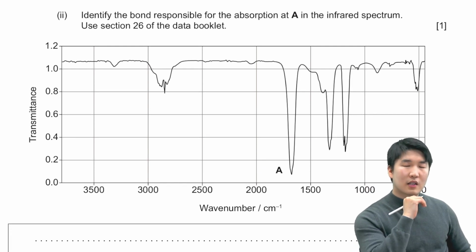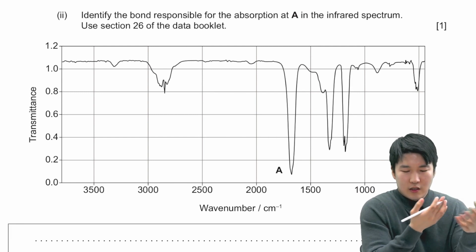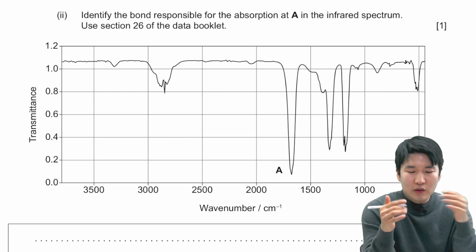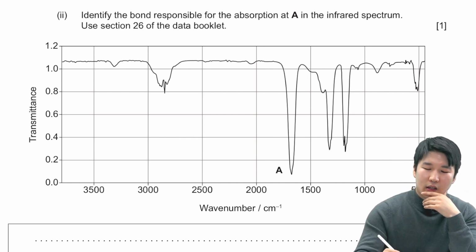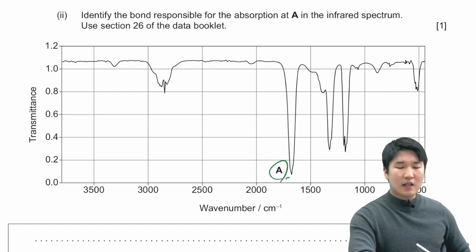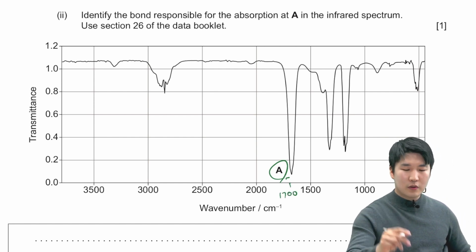We are then given further information about the type of groups present in this unknown compound with IR data, especially the peak at A, which corresponds to 1700 cm-1.